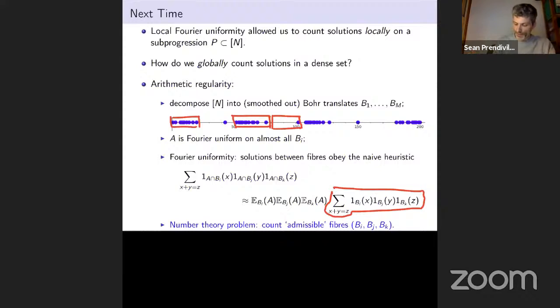But we can generate lots of solutions by adding this interval to itself to get to this interval. So there's some kind of more coarse scale arithmetic problem you have to solve. But that's what we'll look at next time.